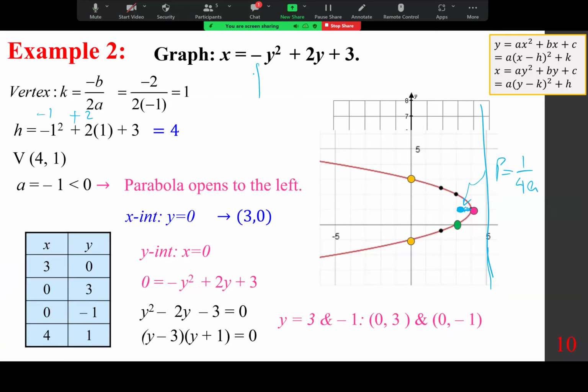Remember, A is negative. So from the vertex, you go to the left by this distance. You go to the right, and that gives you the equation of a directrix, which is a vertical line.